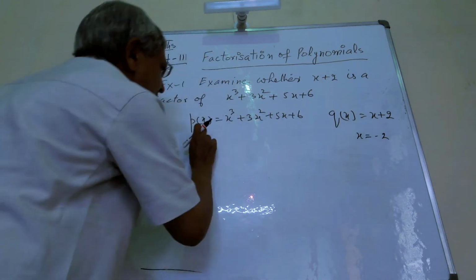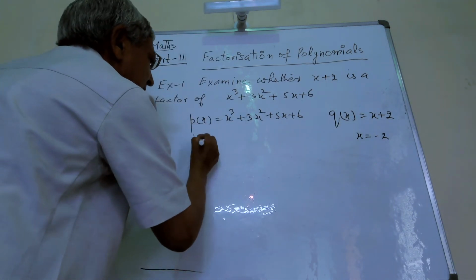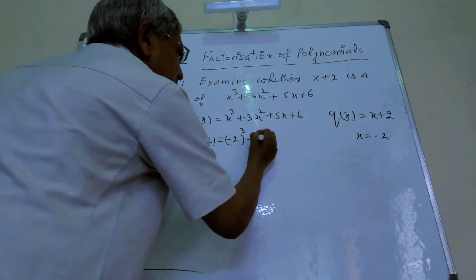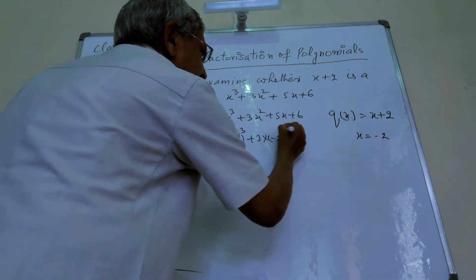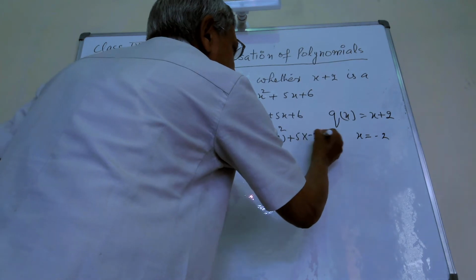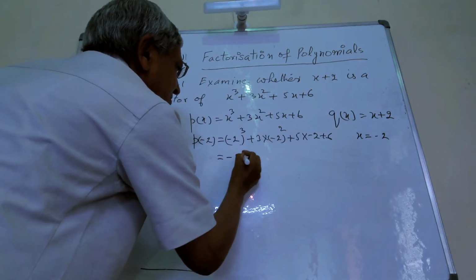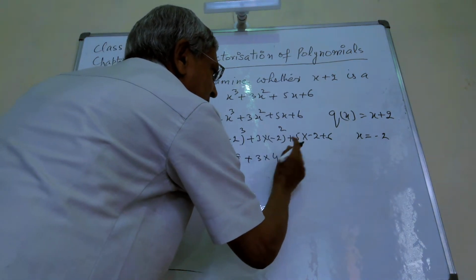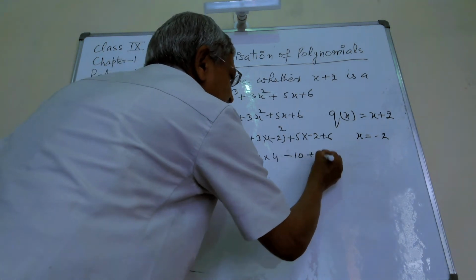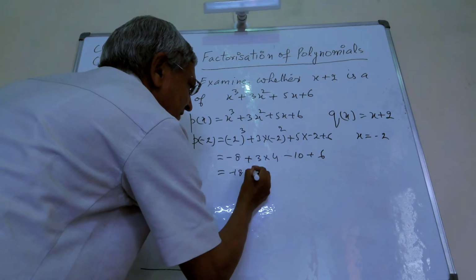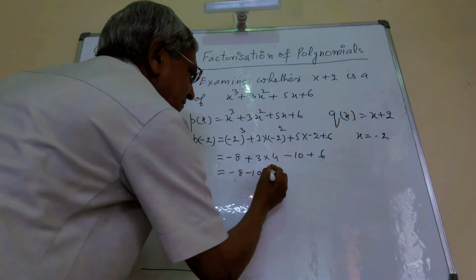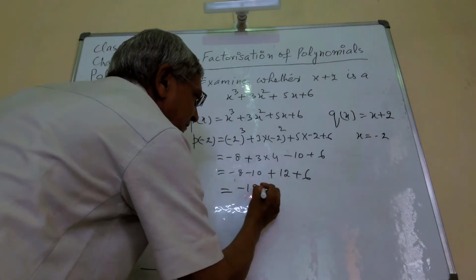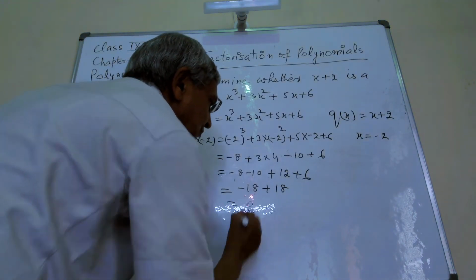By putting this value in p(x) in place of x, p(minus 2) is equal to (minus 2) cube plus 3 into (minus 2) square plus 5 into (minus 2) plus 6, which is minus 8 plus 3 into 4 plus 5 into minus 2 plus 6, that is minus 8 plus 12 minus 10 plus 6, which is minus 18 plus 18 is equal to 0.